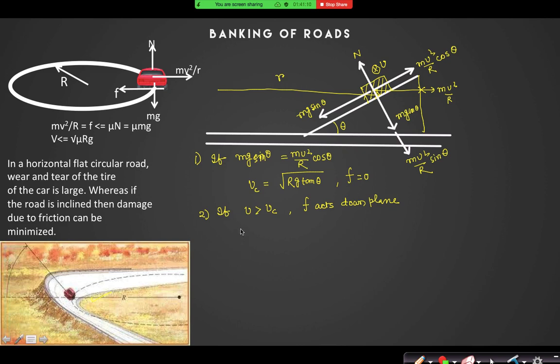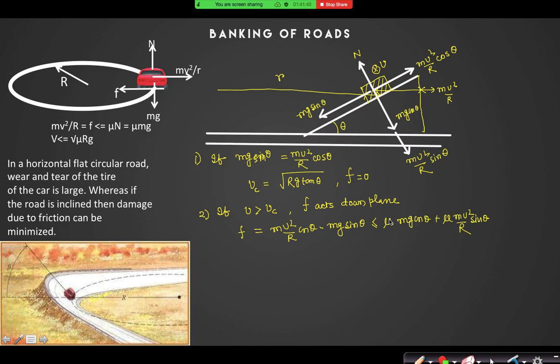Can I write now that the value of friction in this case can be found by mv square by r cos theta minus mg sin theta? Yes or no? And that has a maximum value of mu into N. Now N is equal to mg cos theta plus mv square by r sin theta. Can we write this equation?